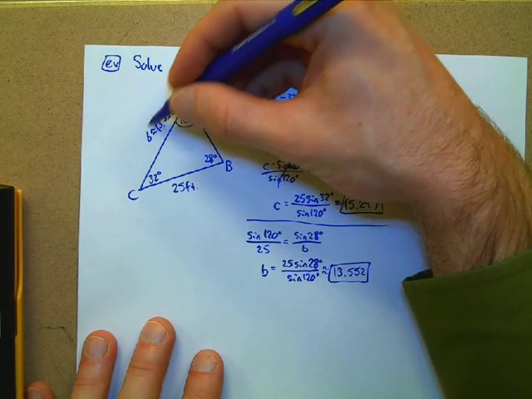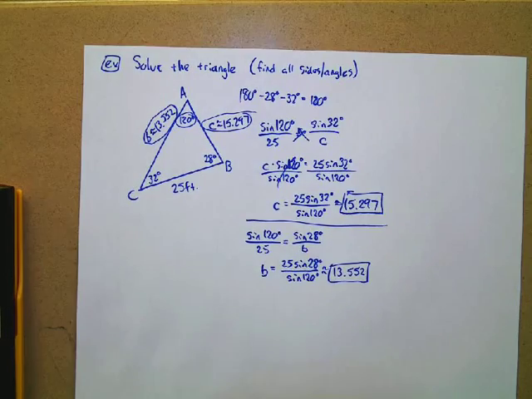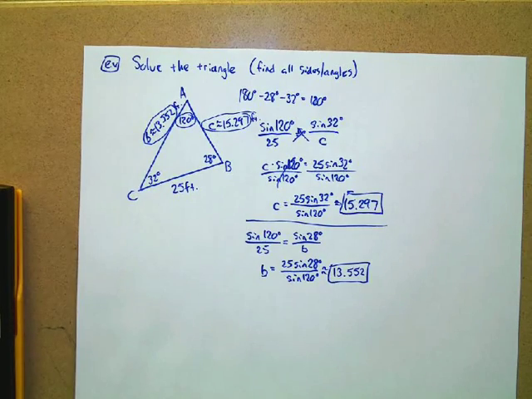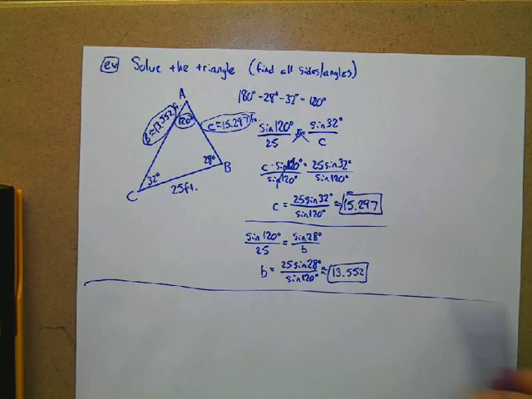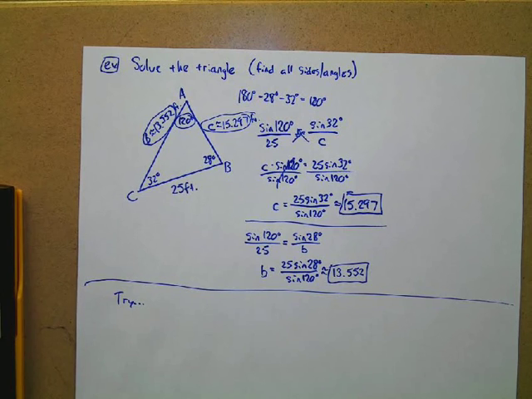I'm going to have you guys try one here. Not too shabby. All right, so y'all try. I want you to solve the triangle ABC that has the given measures.